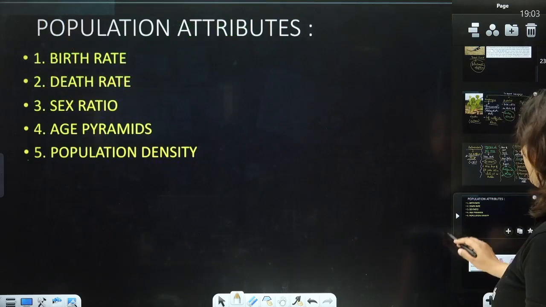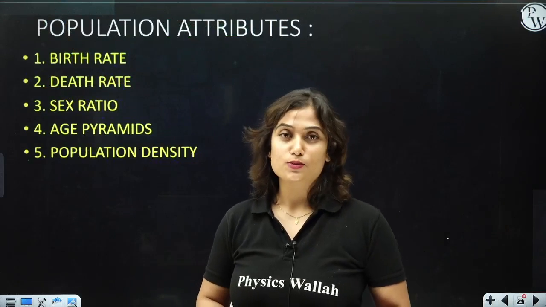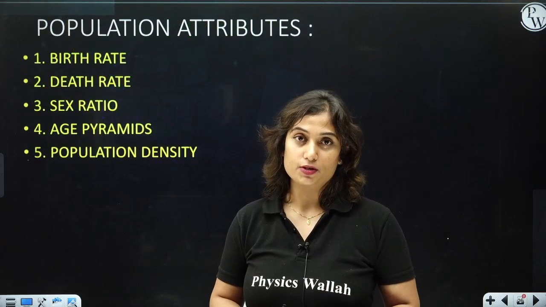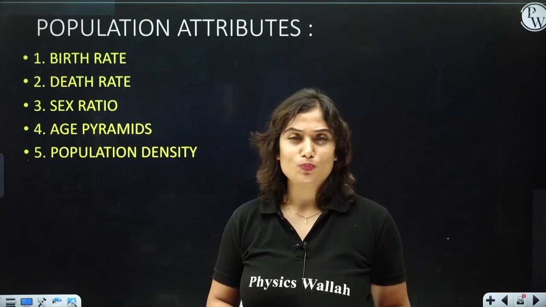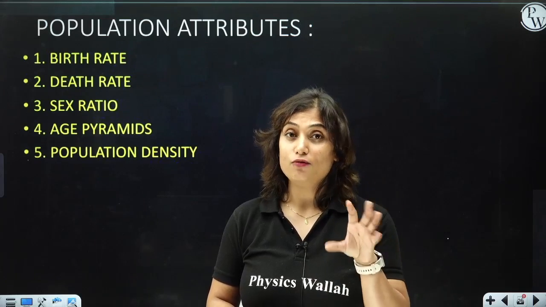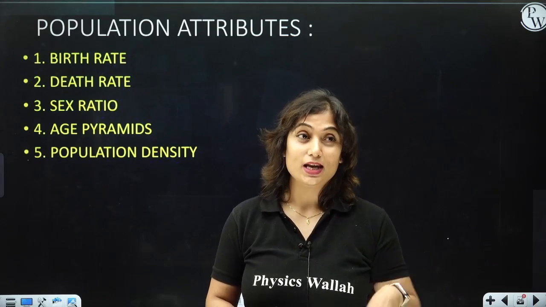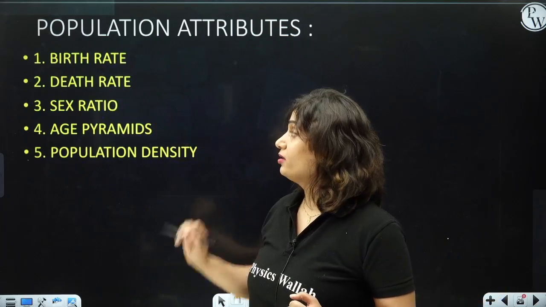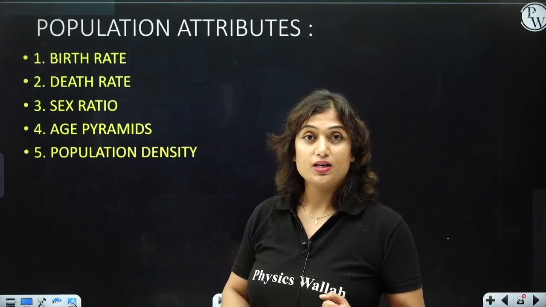Now let's move on to another part of the chapter, and that is population attributes. What are population attributes? There are some parameters which cannot be explained with the help of an individual. You can explain those parameters only in a population, like birth rate, death rate, sex ratio, age pyramids, population density.